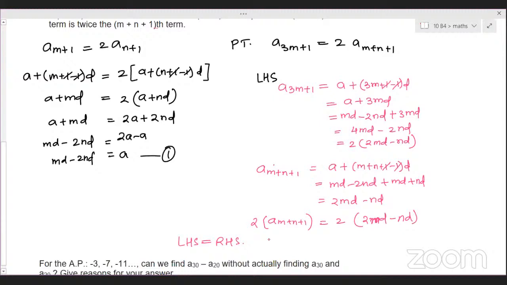Yes, ma'am, got it now. Ma'am, I'm not getting the 73rd one. 73rd also.